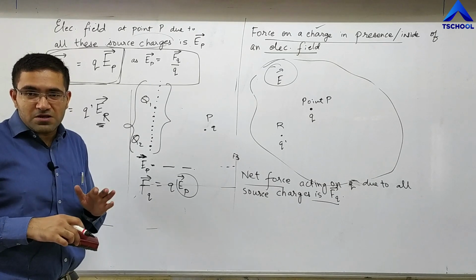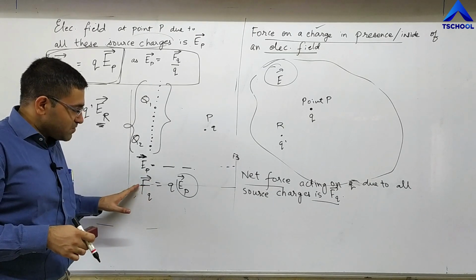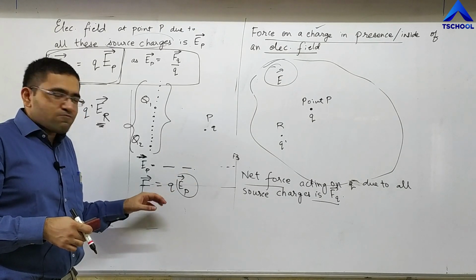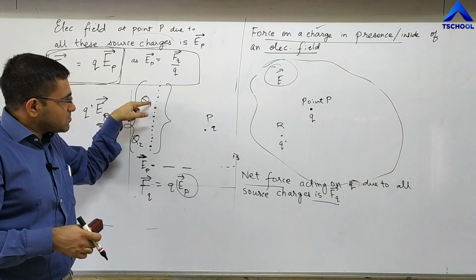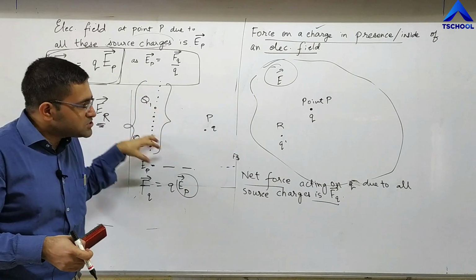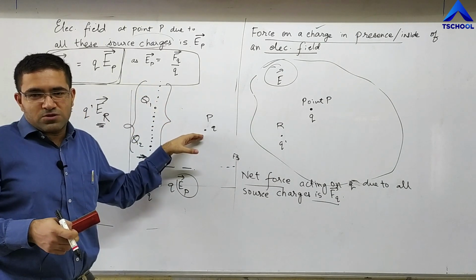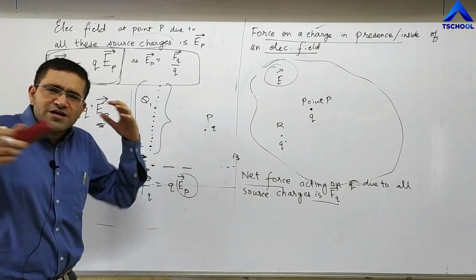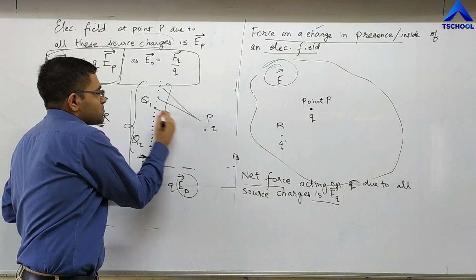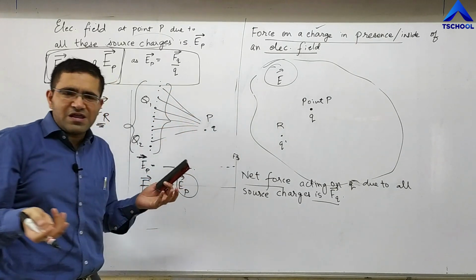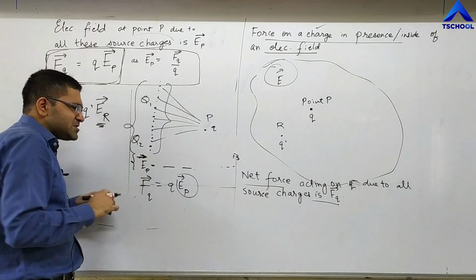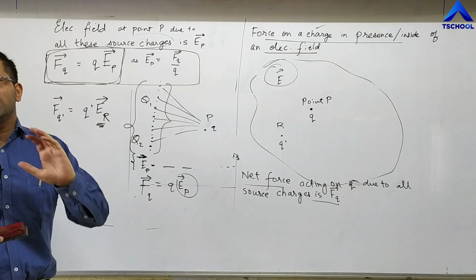You should realize that this force on charge Q is not just the force applied by Q1 or Q2 or Q3 or Q4, it's the net force applied by all these charges on the charge Q. All that information about where these charges are located and what the distances are is contained in this one simple electric field value.